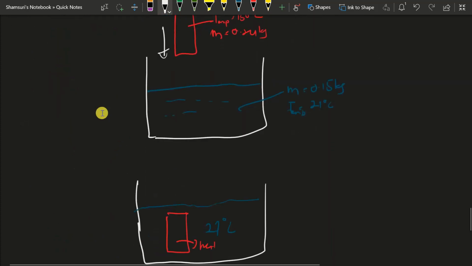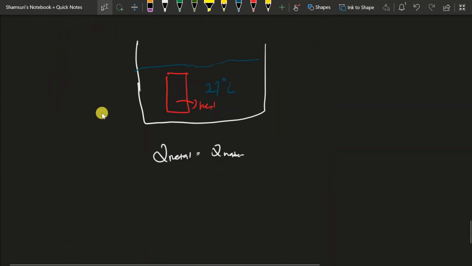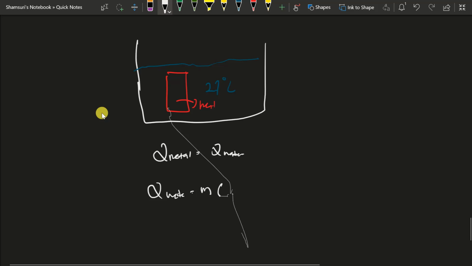So you know the specific heat of the water. The Q water is given by MC delta T.